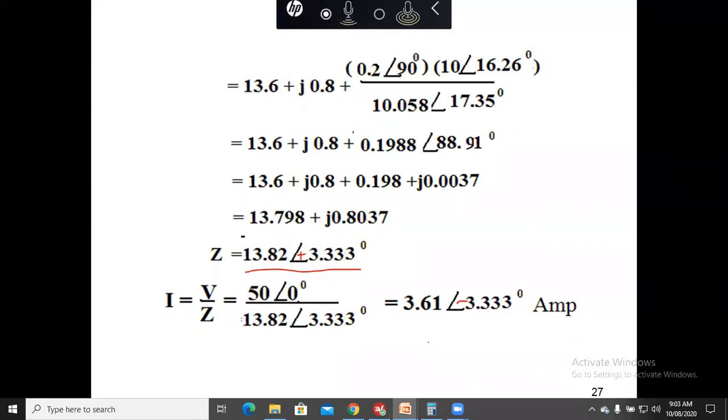So we just simply divide the voltage by this known impedance to find the current in the network. That is the phasor representation. Because we have not been given the input voltage in the time domain, there is no need to calculate it in the time domain.